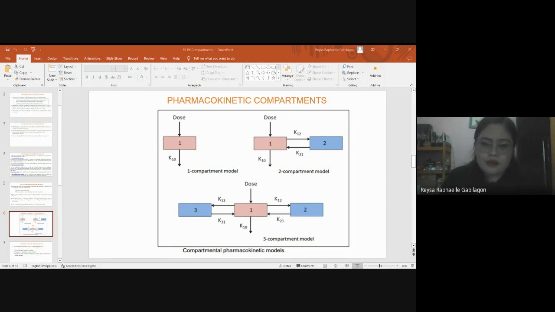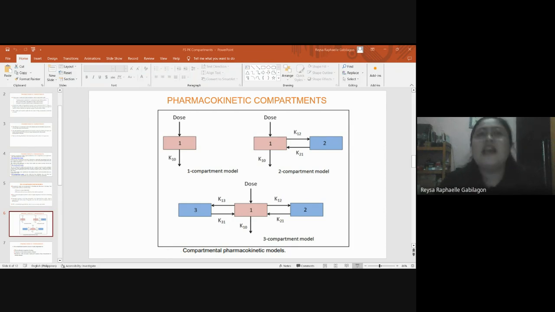So like we have different tissue here that is represented by number 2, and then another tissue here for the number 3 compartment. So if we are going to do a pharmacokinetic study on this, then we will have to compute for a lot of rates of distribution, and we still also have the rate of elimination.